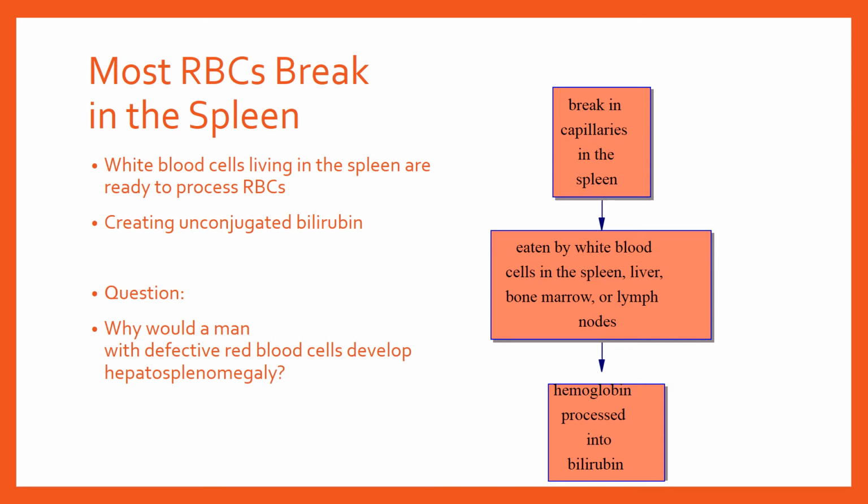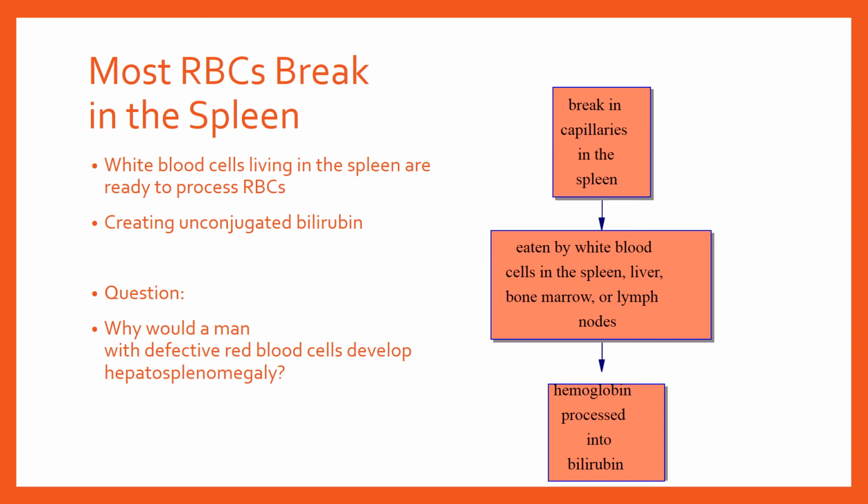Unconjugated bilirubin also can be produced in the liver, bone marrow, or even lymph nodes. Unconjugated bilirubin is actually a toxic form of bilirubin, and it has to be processed into the conjugated form that we all see in the bile.